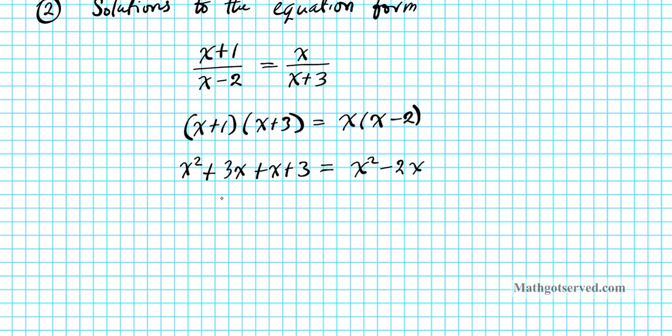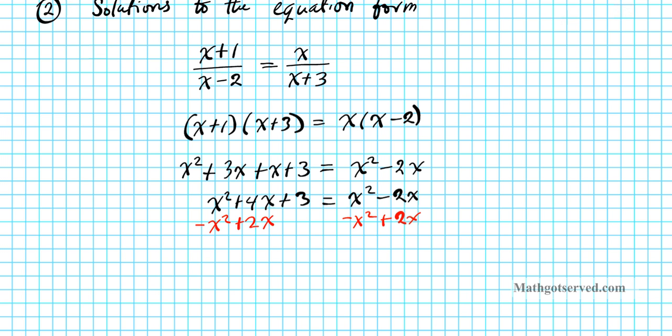Let's simplify this further. So we have x squared + 4x + 3 = x squared - 2x. Let's subtract x squared from both sides and add 2x to both sides to get all the variables on one side.